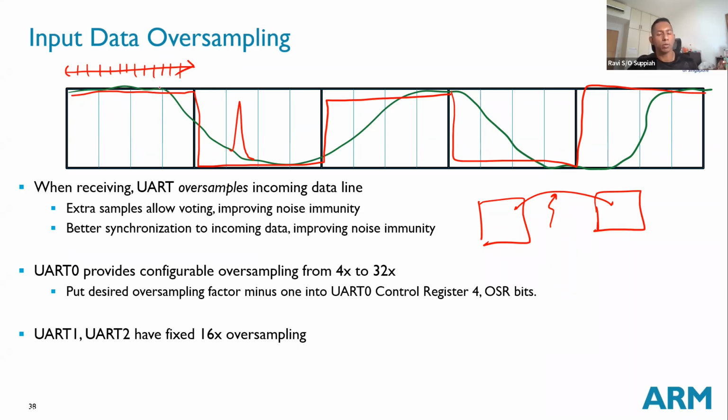The majority vote helps to make the decision more accurate, to reduce the number of errors. For the UART1 and UART2 modules that we are using, we have 16 times oversampling. This is fixed. There is no change to this.